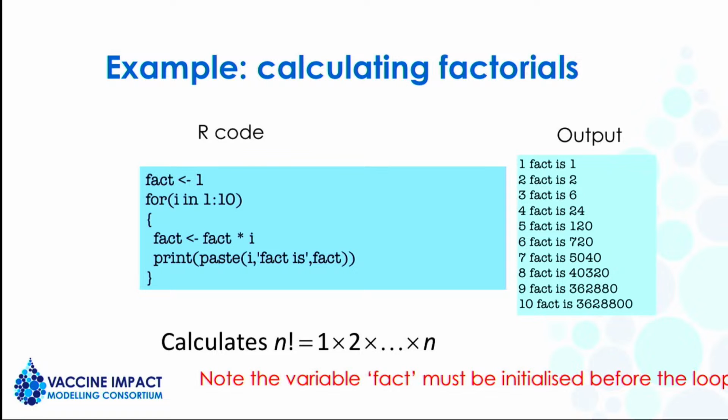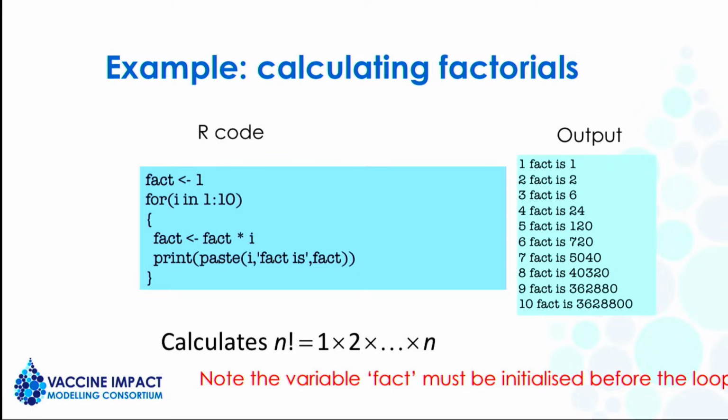And then when I hit the curly bracket, I'm going to look back to the other curly bracket. The value of i is going to get changed to 2, okay? But the value of fact isn't changed at all. It keeps the value that it had before, which in this case would be 1.